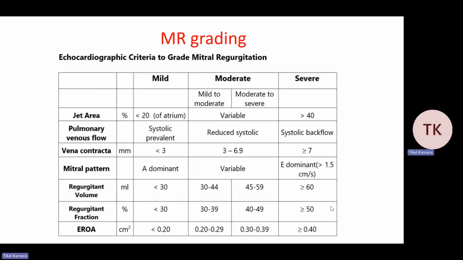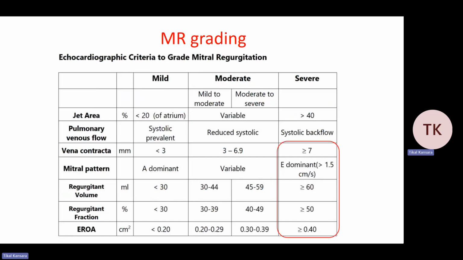Regurgitant fraction of 50%. 50% of the volume should go back during diastole. If 80 ml of blood is going into the ventricle, then 40 ml of blood should go back into the atrium. If the regurgitant volume itself is more than 60 ml, that is considered as severe, and on two-dimensional, if you look at the vena contracta, if it's more than 7 millimeter, it is considered as severe.